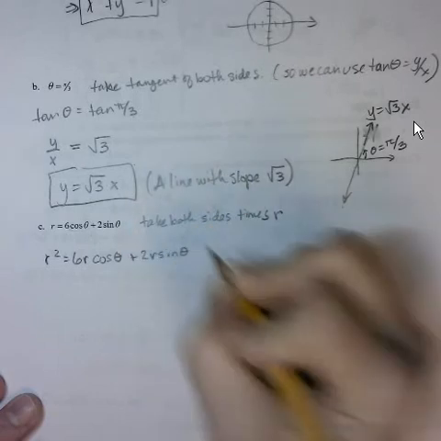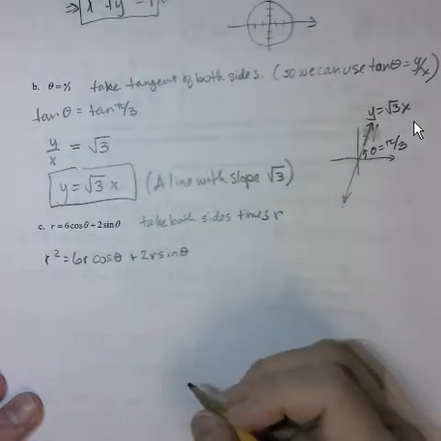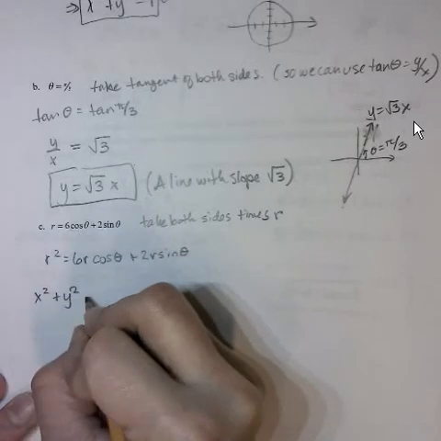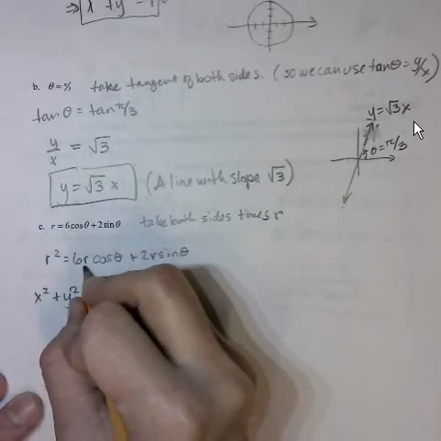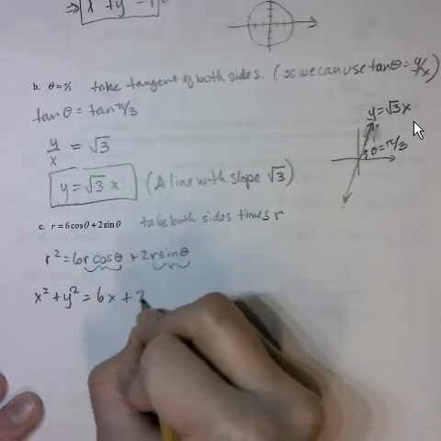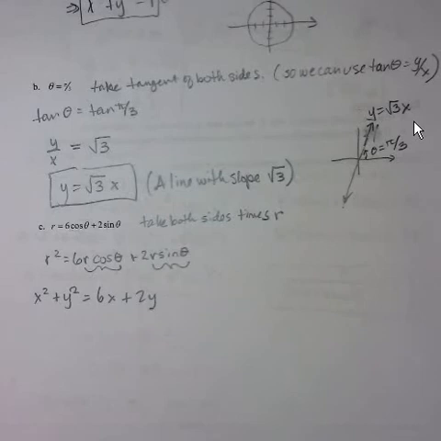So r squared is x squared plus y squared. And r cosine theta is x, and r sine theta is y. All right, we're not going to be able to put that y as a function of x because it's not a function. This is a circle.